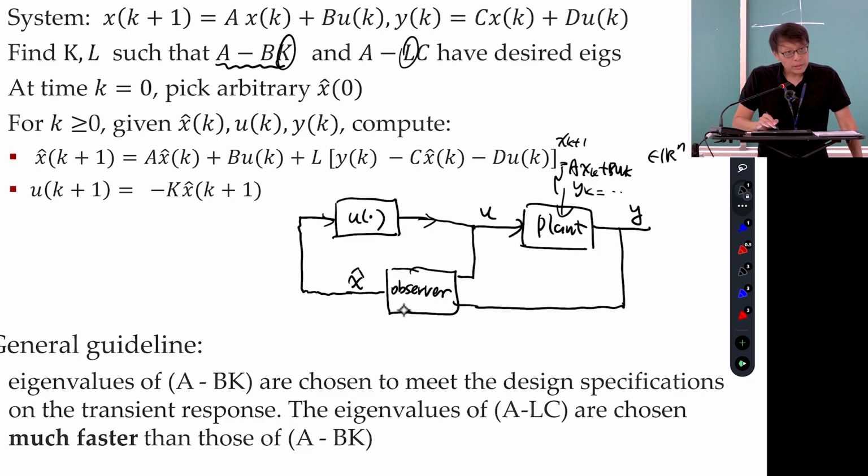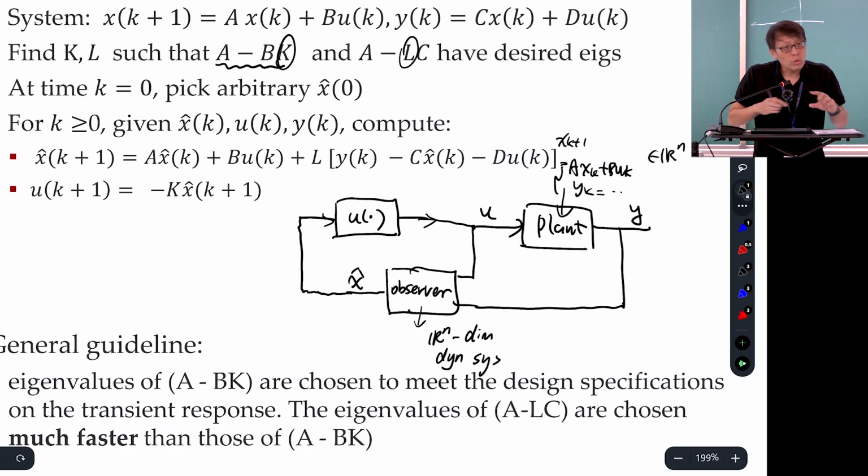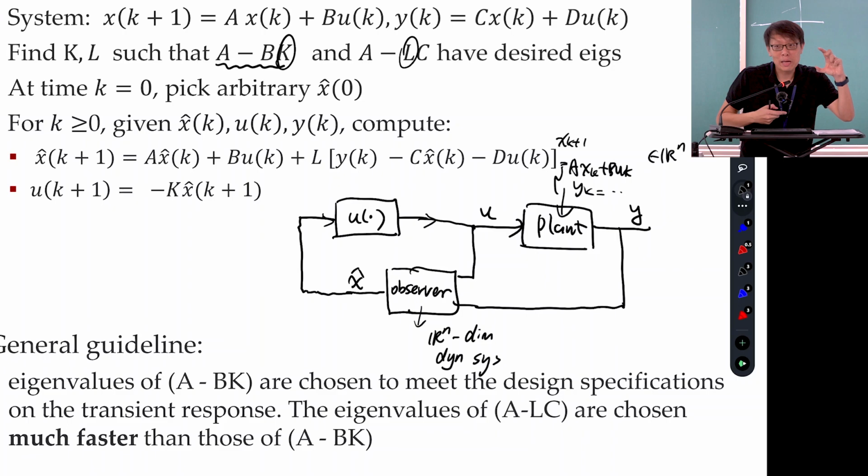But the observer also has a dynamic system: x hat(k+1) depends on what you choose as the observer state. That is also an n-dimensional dynamic system in R^n.